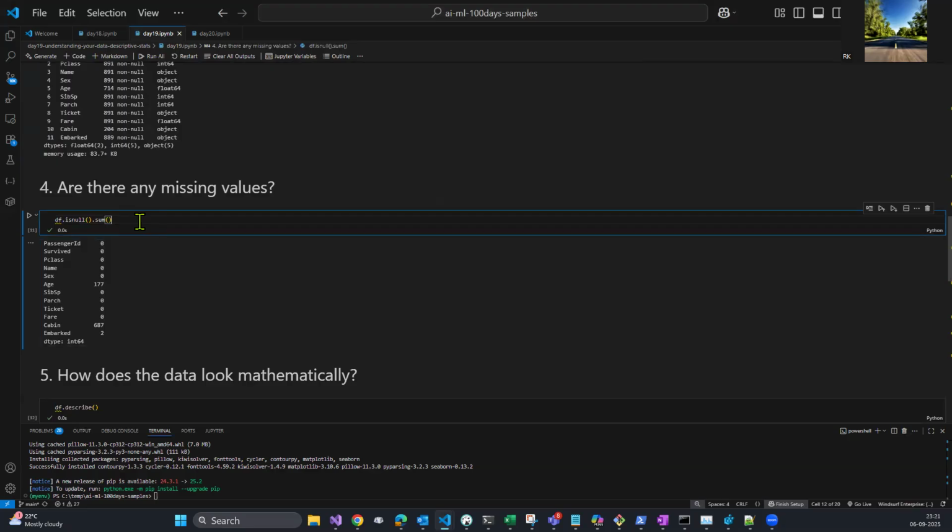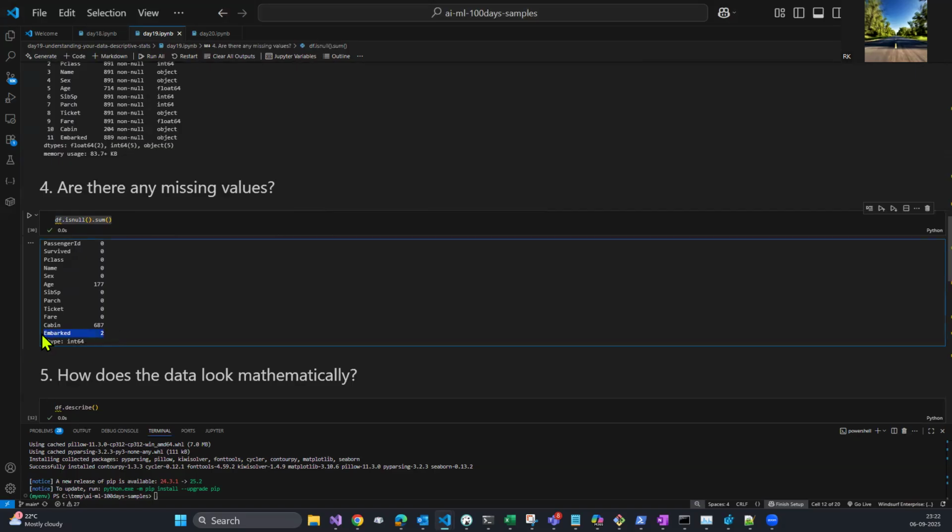So to find out, we should use isnull and sum. This is the way we get all the nulls for each column.